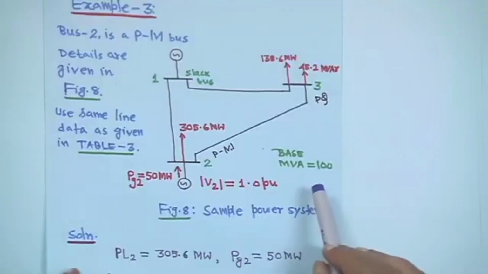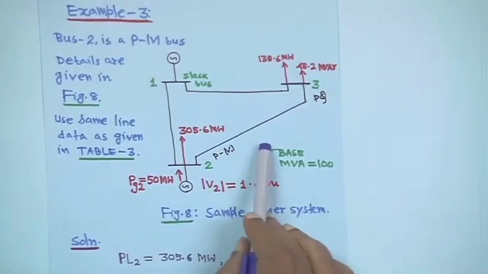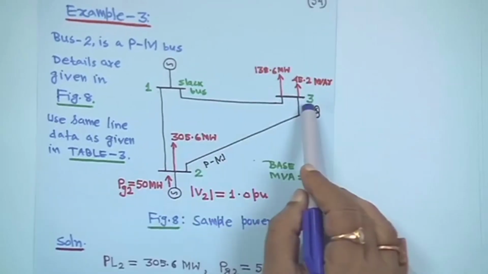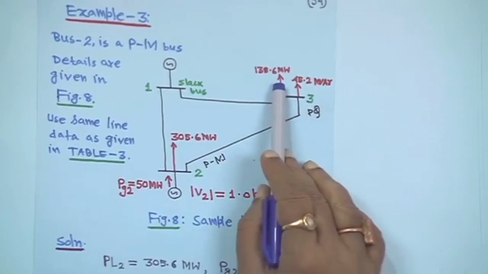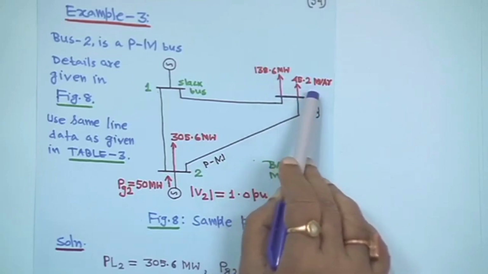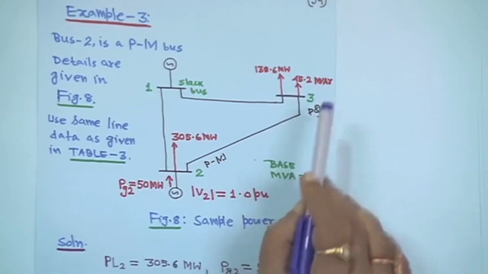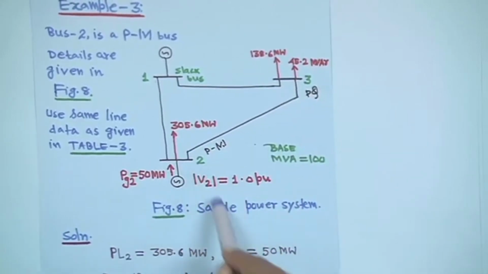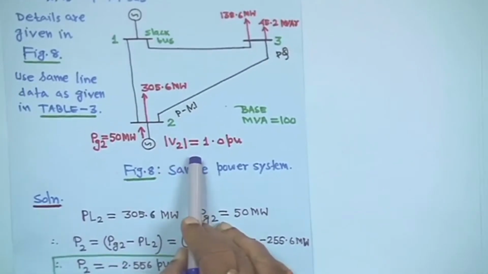So, the next example uses the same data we have taken, except for one thing. In this case bus 1 is a slack bus, and bus 3 is a PQ bus with the same load data as before, 138.6 megawatt and reactive load of 45.2 megavar. And this bus is a PV bus, so for bus 2 the voltage magnitude is specified.